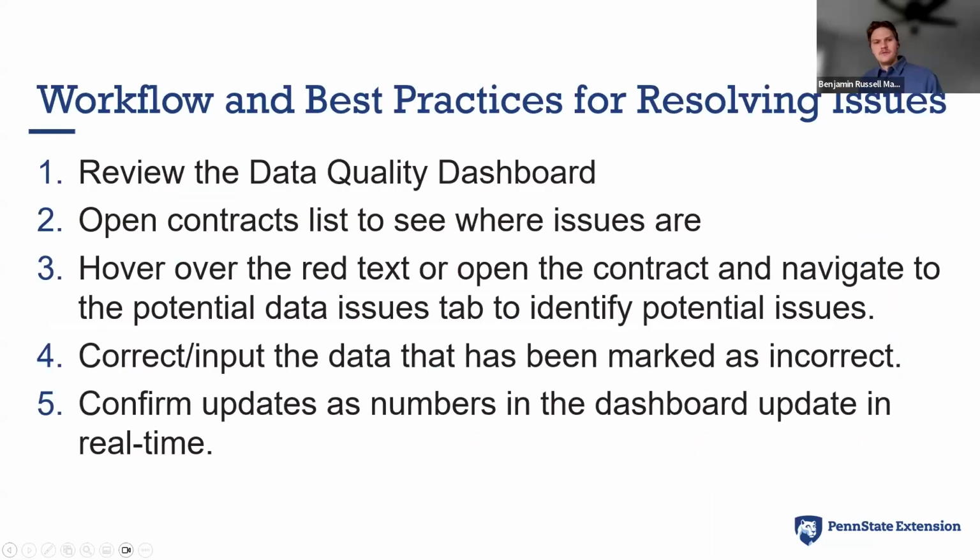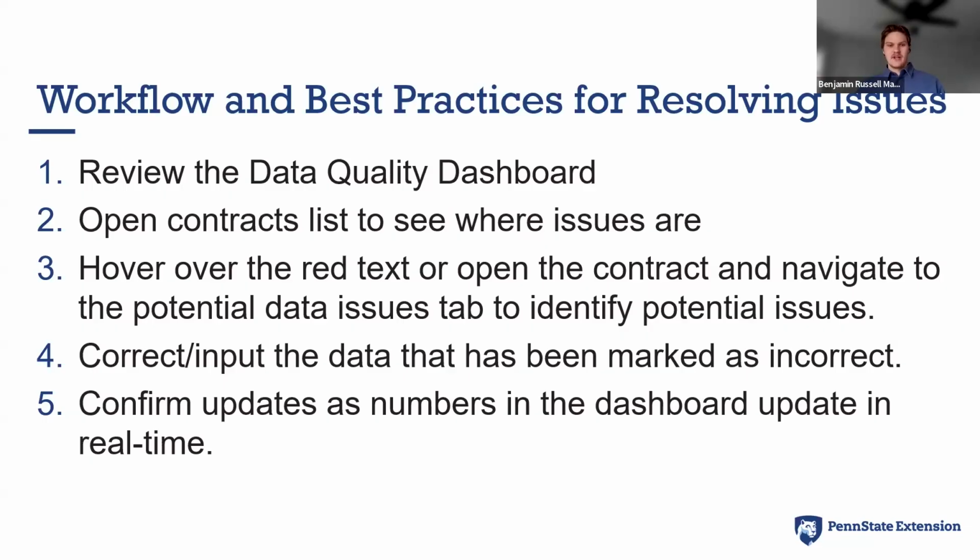So we've outlined a pretty simple workflow for resolving these issues. First off, review the data quality dashboard, get a broad overview of where common issues may lie and how to rectify those, and then open the contracts list and see where exactly those issues are for each contract.